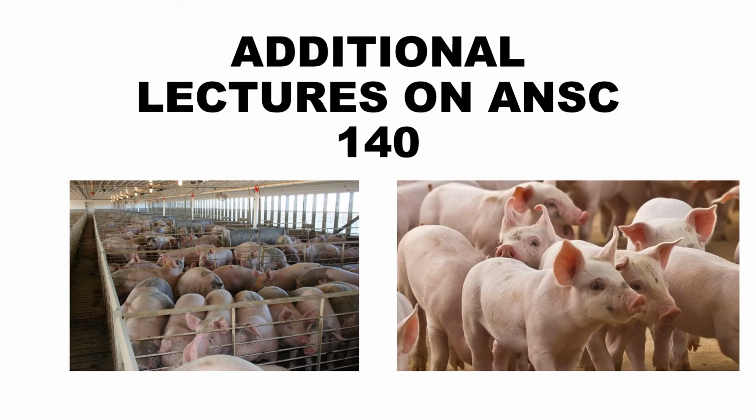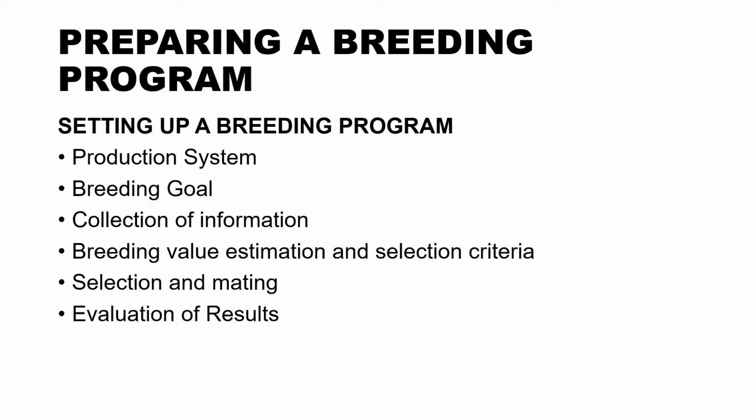So, first topic is on preparing a breeding program. Sa breeding program, it is an essential component in any animal production, particularly swine. Kasi sa breeding program, dito ka makakapag-produce ng mga offspring, mga animals mo that have a good characteristic.